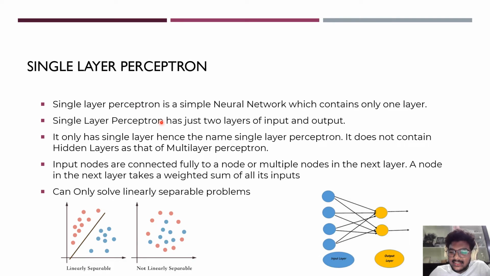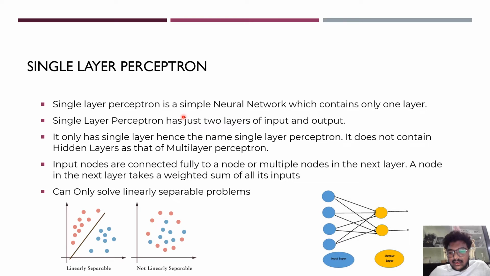That's the reason we name this model a single layer perceptron. It can solve only linearly separable problems, and it doesn't have any hidden layers. We'll talk about hidden layers in the coming slide, where we learn about multi-layer perceptrons.